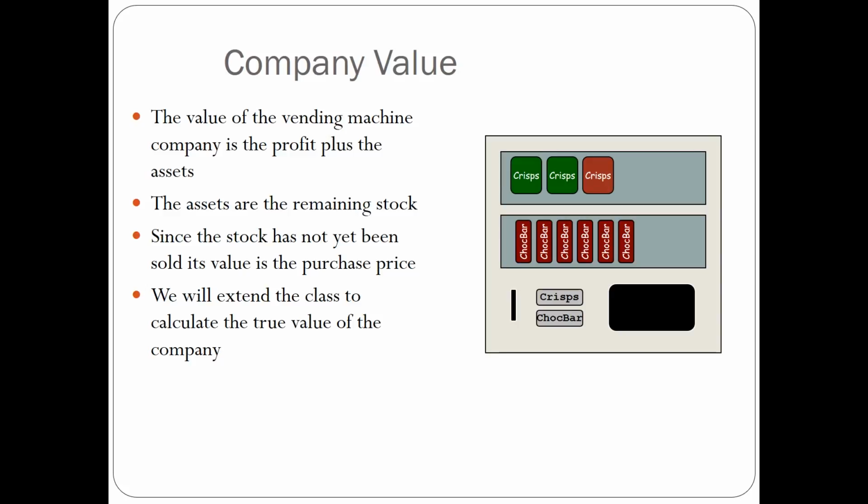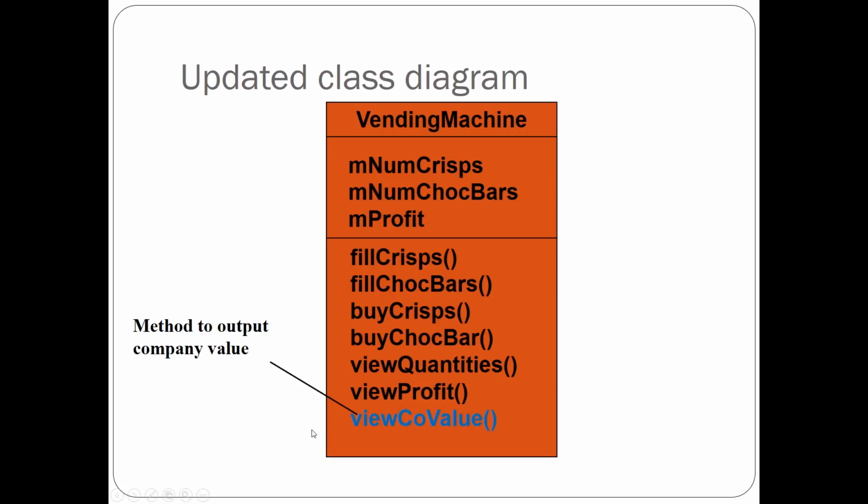With our company, the only sort of assets that we have that we can sell will generally be the value of our remaining stock. So the value of the company will be how much money the company has, as well as the value of the stock that's in the machine at its original purchase price. So we're going to extend that class to calculate the value of our company.